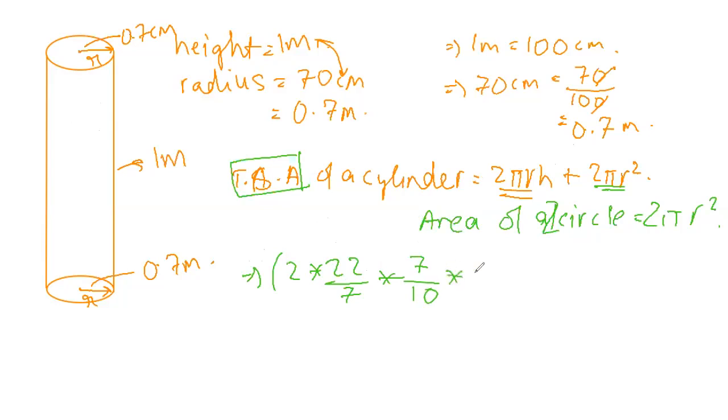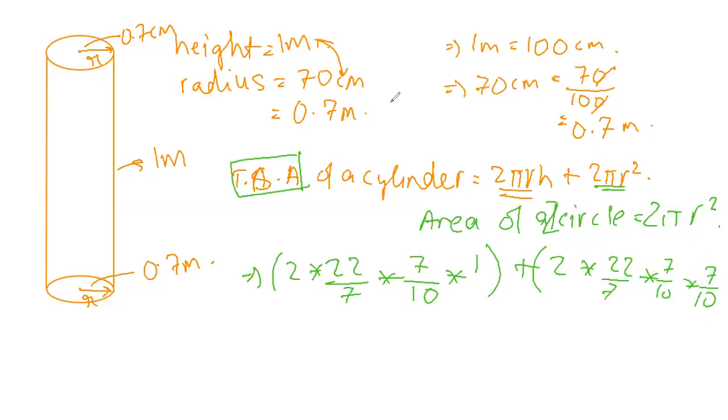So no difference is made by the value. And the height is given as 1. Plus 2 pi r square. So 2 into 22 by 7 into r square, which is 7 upon 10 into 7 upon 10.